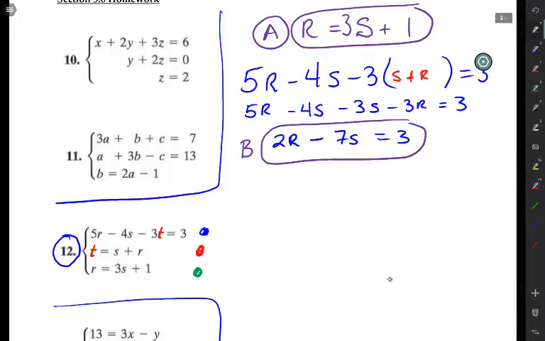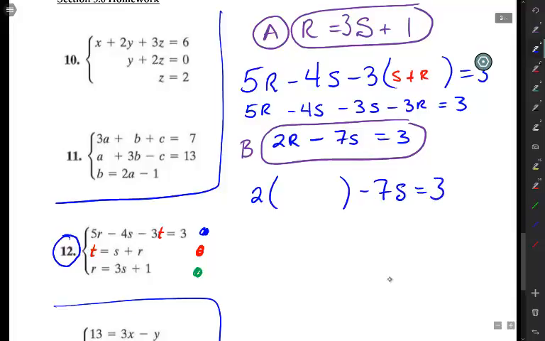Is this one falling into place nicely? What method do you want to use to go further? Elimination or substitution? Substitution. Because what do we know about r? r equals 3s plus 1. So here we go. Substitute into the B equation: 2 parentheses minus 7s equals 3.